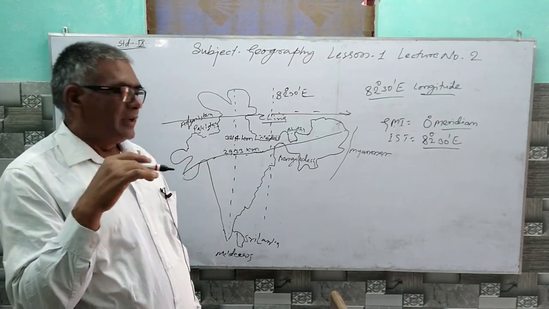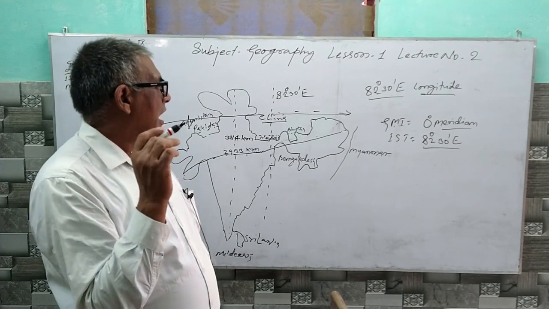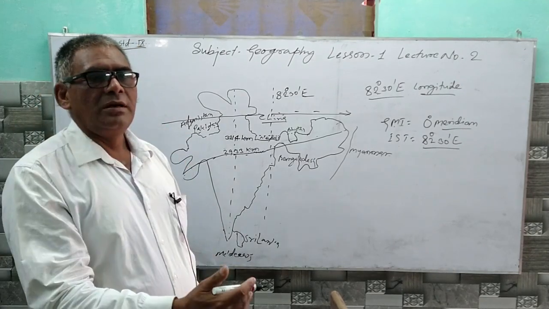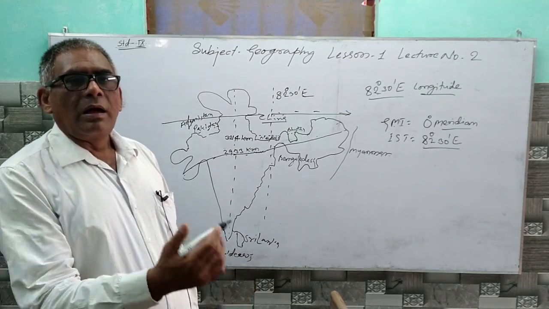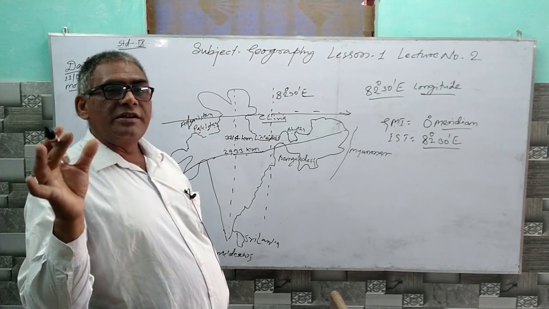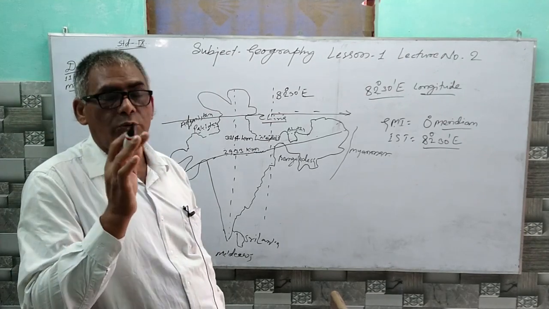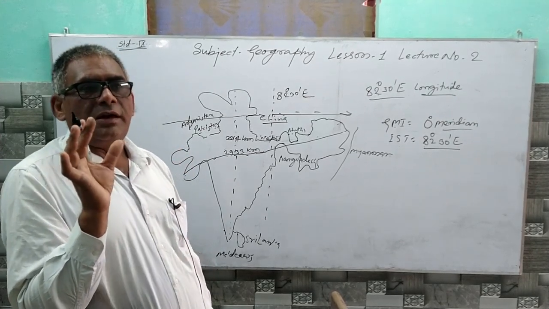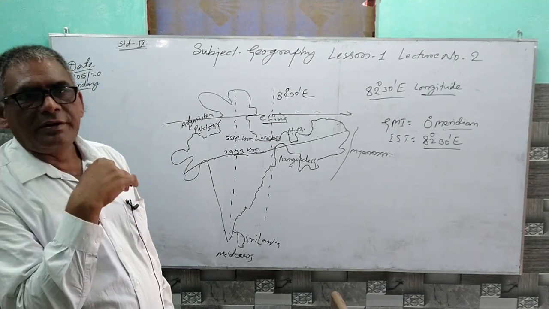And as India lies in the eastern longitude, the eastern hemisphere, India's time is ahead of GMT. All the countries which lie to the west of GMT, their time is behind GMT.